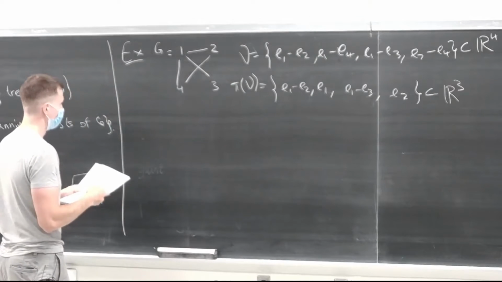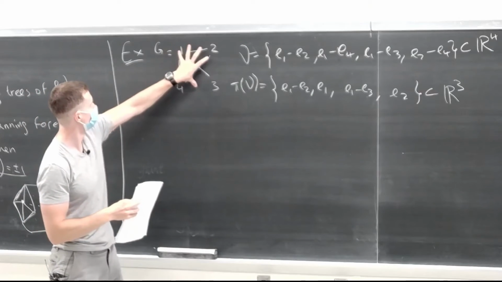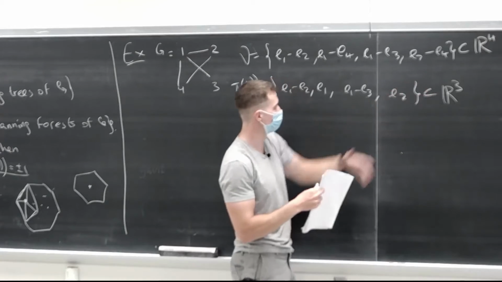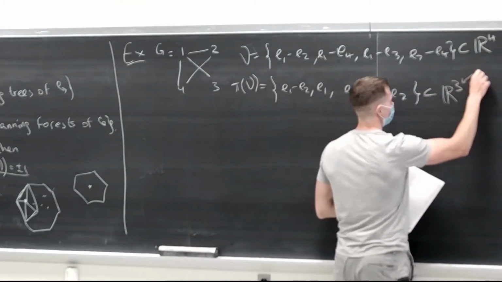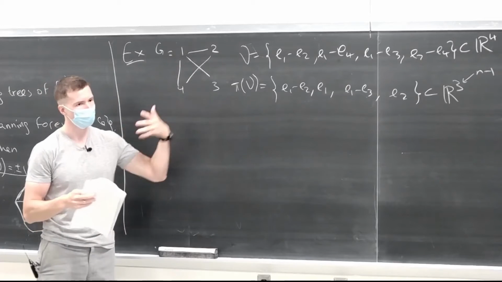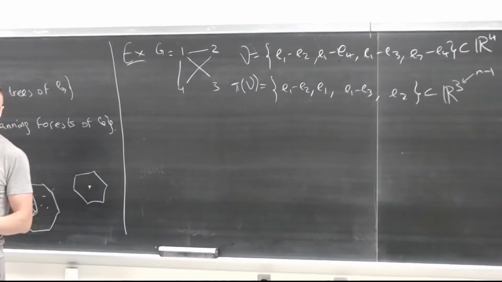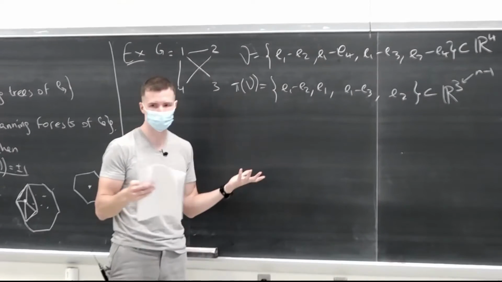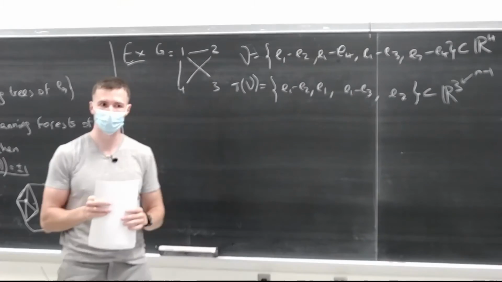And now the claim is that this lives inside R^(n-1), where n is the number of vertices. So the claim is that if you take any spanning tree, the determinant is going to be plus or minus 1. If you take any bunch of edges which don't form a spanning tree, the determinant is going to be 0.